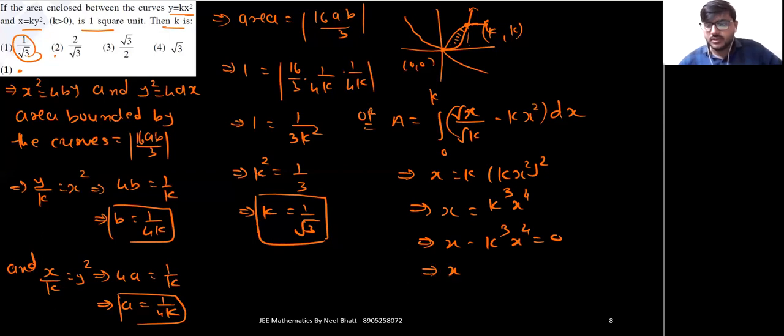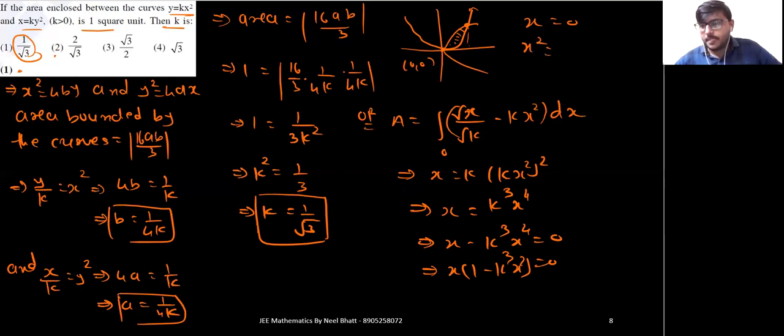So x common. Okay, I made a mistake in getting the point of intersection. So it is 1 minus k cube x square equals 0, right? So either x equals 0 or x square equals 1 by k cube.